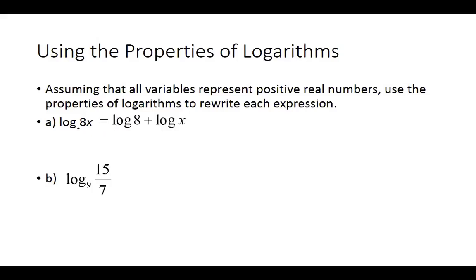That's how you expand it, because the argument is a product, use the sum. Here, the argument is the quotient, so you're going to write it as a difference, log of 15 minus log of 7. You notice that the base would be the same. In this case, 9, the first one. We didn't write anything because the base was 10.